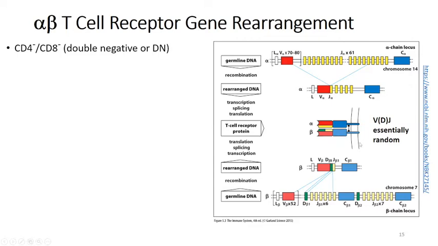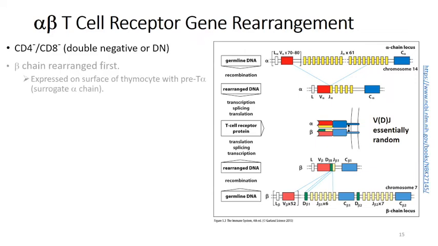So the sequence of events starts with the arrival of the progenitor. It arrives from the bone marrow as what's called a double negative, so having no CD4 or CD8. First thing that happens is the beta chain undergoes rearrangement. That rearranged beta protein chain is then assembled with a surrogate alpha chain, the pre-T alpha.